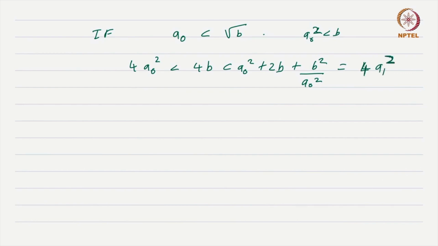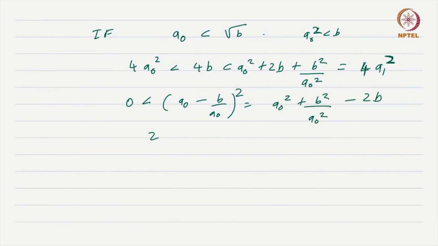Okay, so how does this follow? Well, this follows because 0 is less than a naught minus b by a naught squared, which is a naught squared plus b squared by a naught squared minus 2b, and this shows that 2b is less than a naught squared plus b squared by a naught squared.